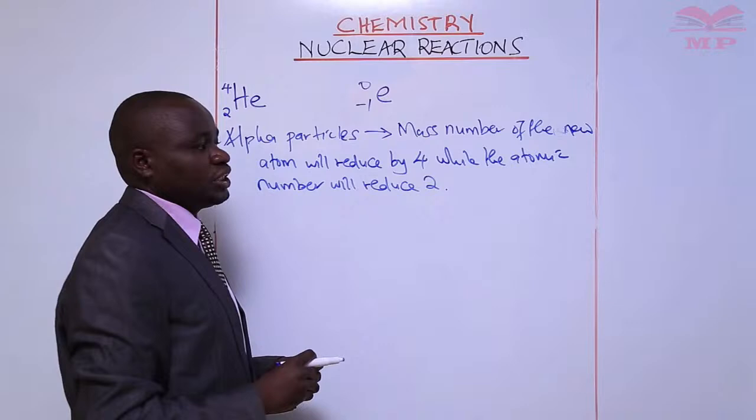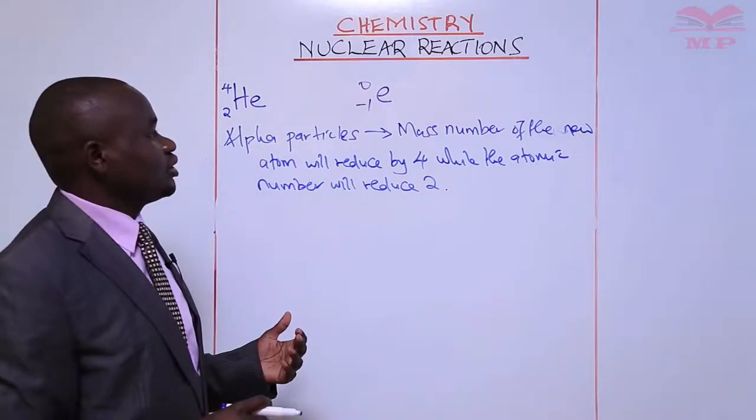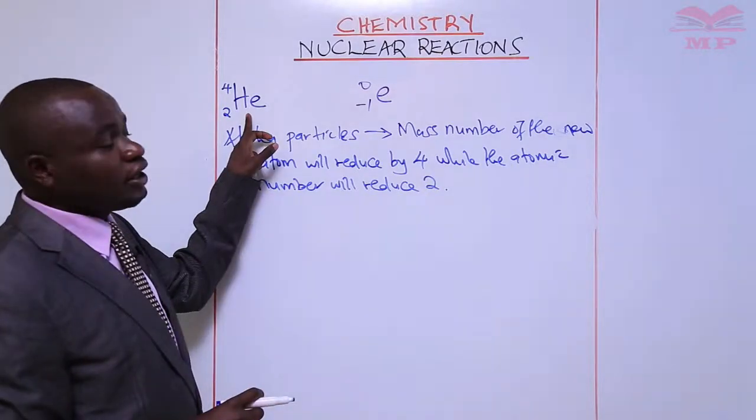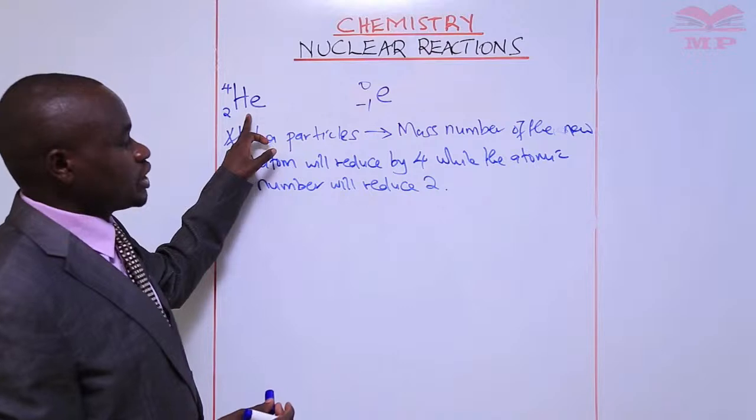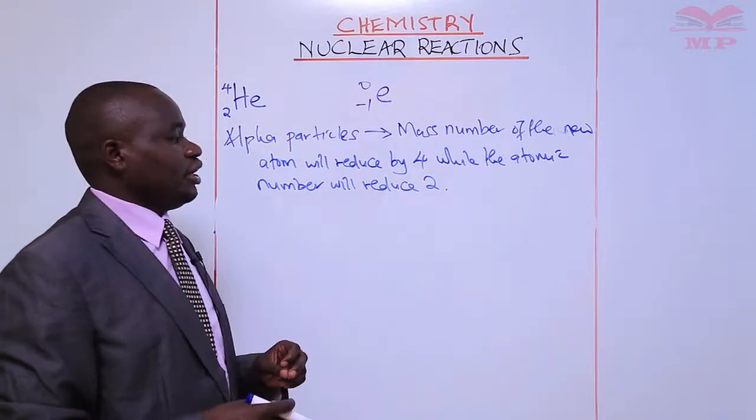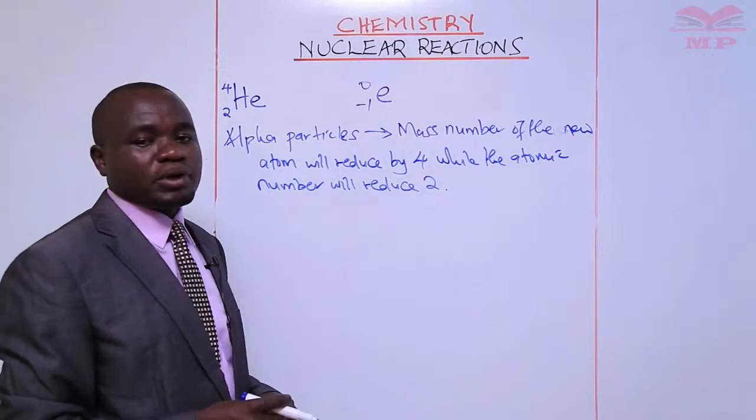That means if you're writing a nuclear equation when an alpha particle is emitted, for the new particle you reduce the mass number by 4 and you reduce the atomic number by 2.